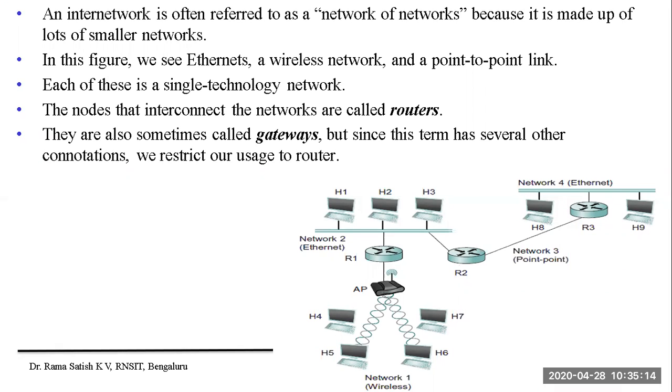Again, the Ethernet is connected to router 2, and router 2 to router 3 through a network we call a point-to-point network. Finally, router 3 is connected to router 4. So this is a network of networks.